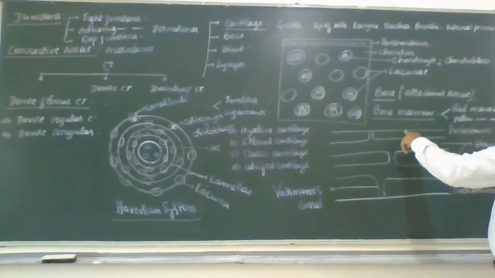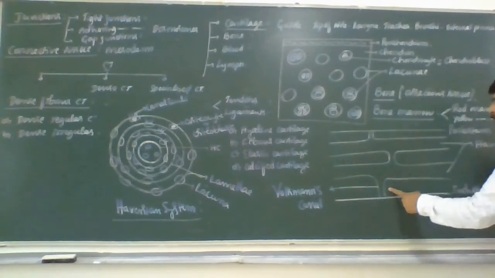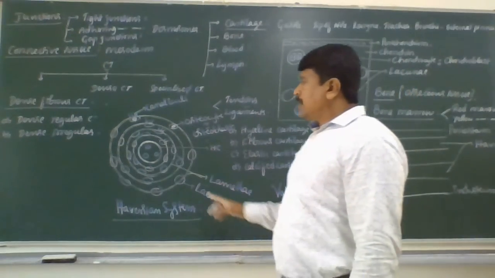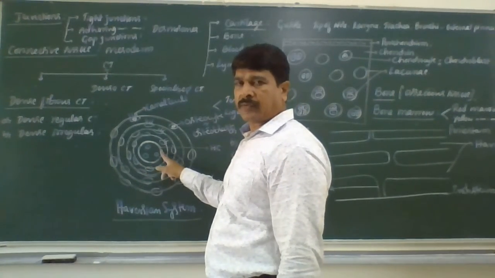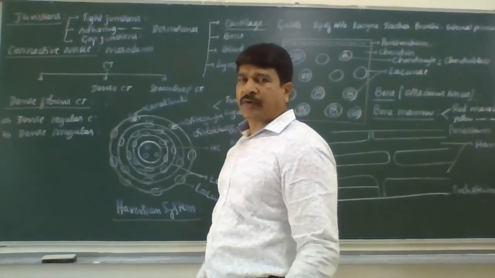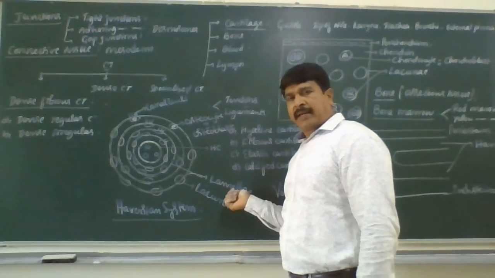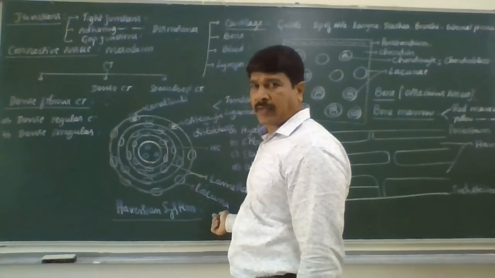Externally, bone is covered by tough connective tissue membrane called periosteum and internally by endosteum. Between the periosteum and endosteum, there are numerous longitudinal canals called Haversian canals, which are interconnected by transverse canals called Volkmann's canals. Clear? Each Haversian canal contains a blood vessel, a lymphatic vessel, and nerve, surrounded by 2 to 40 concentric circles called lamellae. Irregularly distributed spaces present in the lamellae are called lacunae.